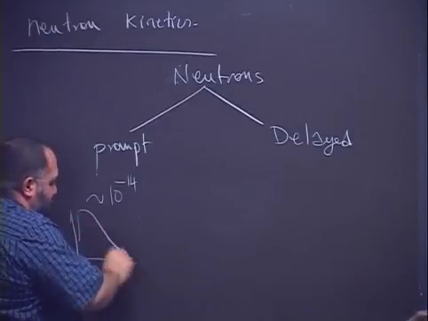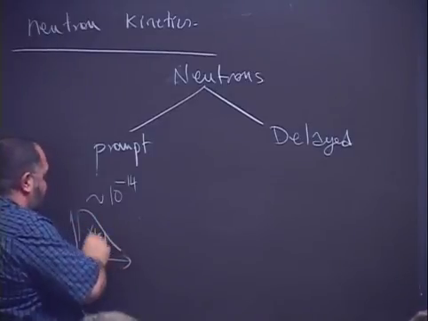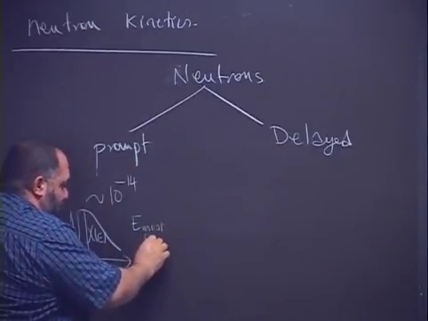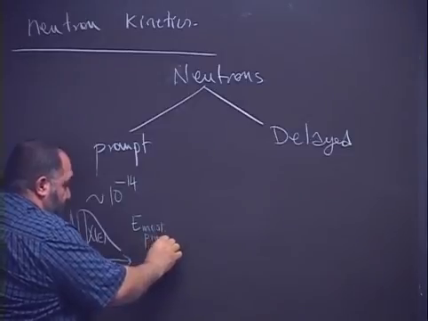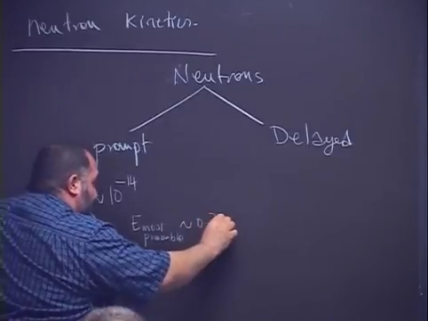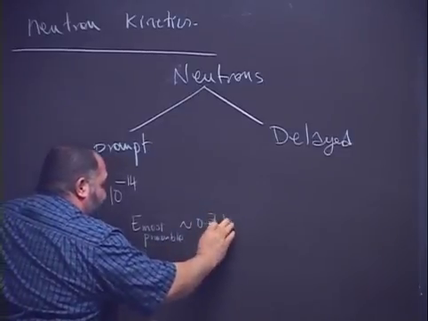The energy from the fission, if you look at the chi distribution, you'll notice that the most probable is nearly 0.7 million electron volts.